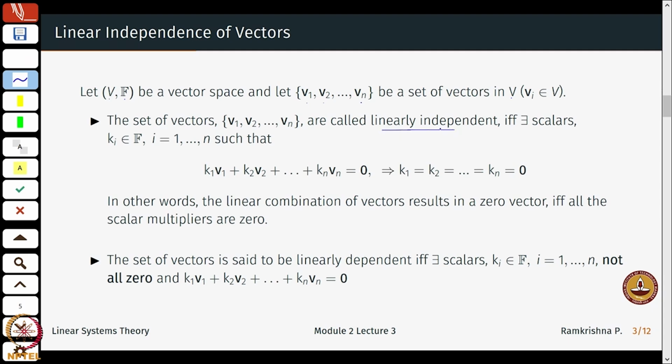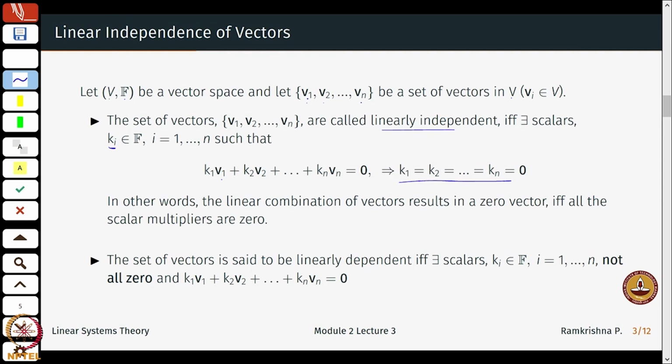Right, so this is the keyword. If there exist scalars, again coming from the field F, which could be the real line, such that K1 V1 plus K2 V2 and so on equal to 0 necessarily implies that all these numbers are 0.